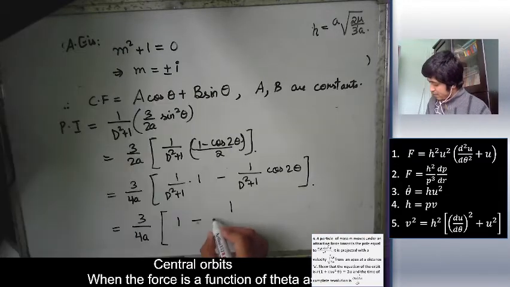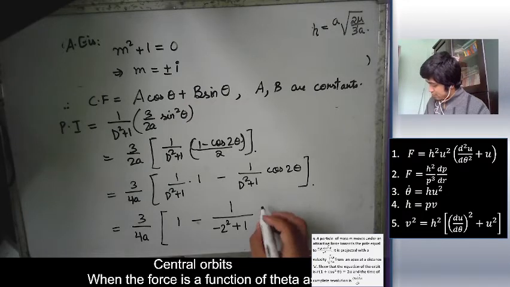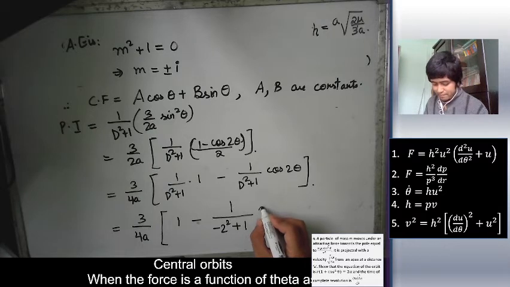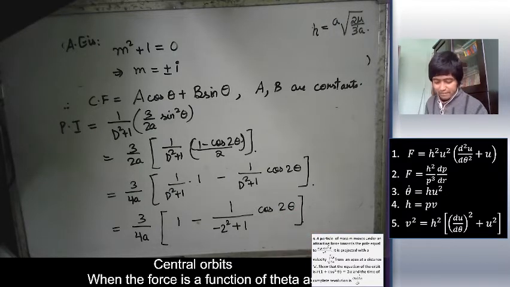If you remember how we calculated, we will substitute minus 2 squared over here. It is not a bracket. And over here we will still be having cos 2 theta.